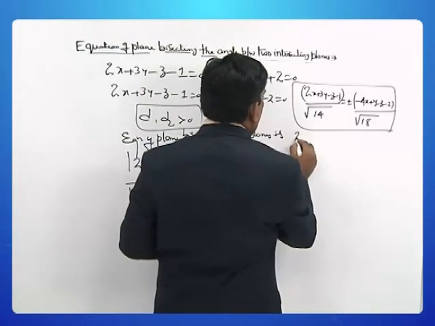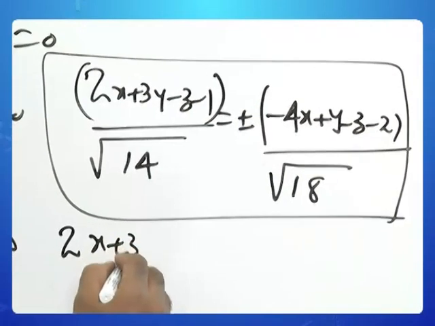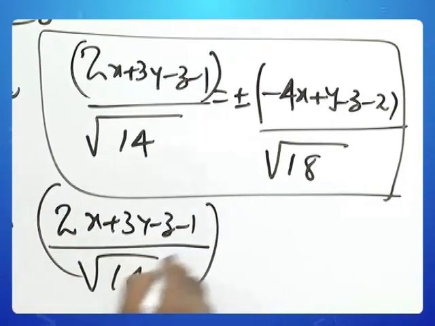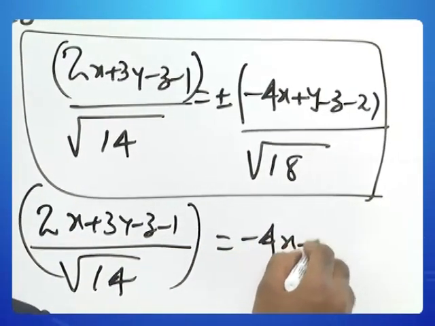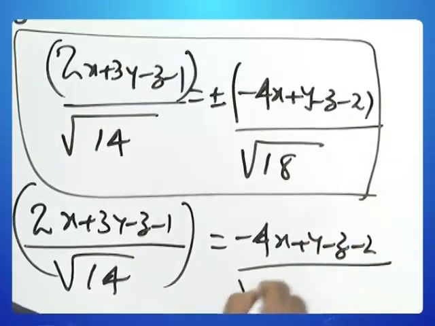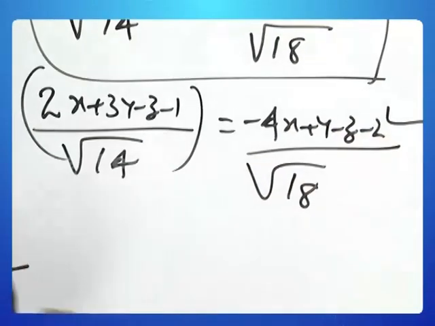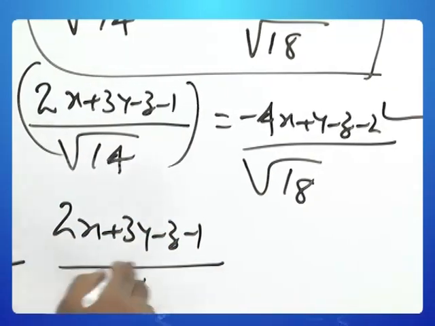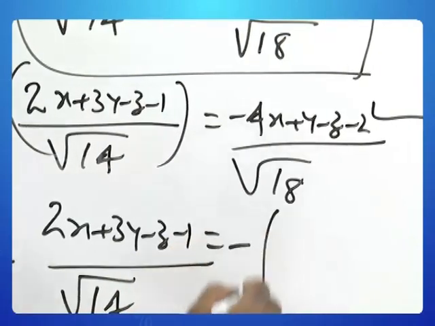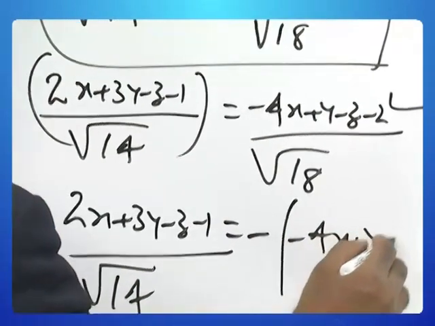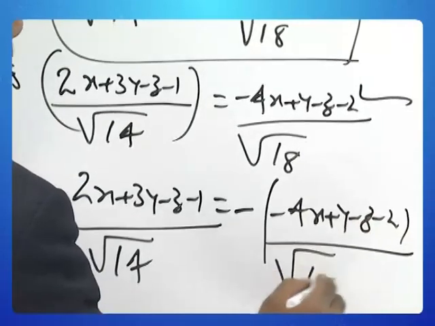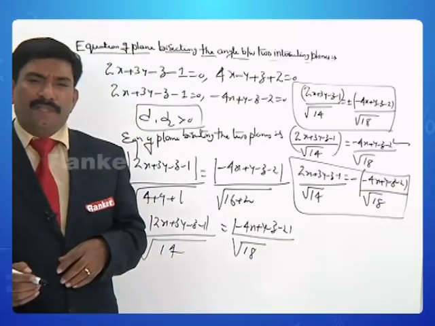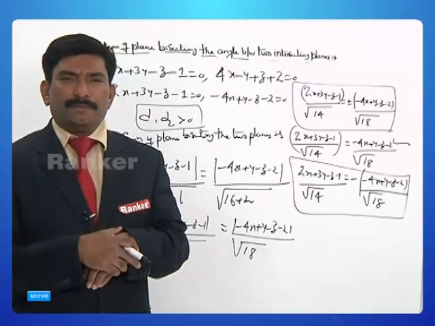With the plus sign, 2x plus 3y minus z minus 1 by root 14 is equal to minus 4x plus y minus z minus 2 by root 18. This is one. The other one is 2x plus 3y minus z minus 1 by root 14 is equal to minus of that same expression by root 18. This is the answer, right? These are the two bisectors you can find.